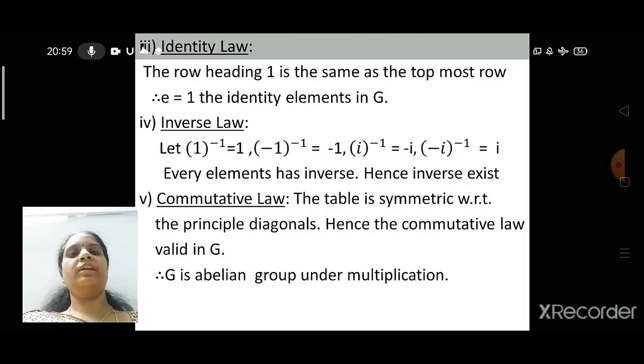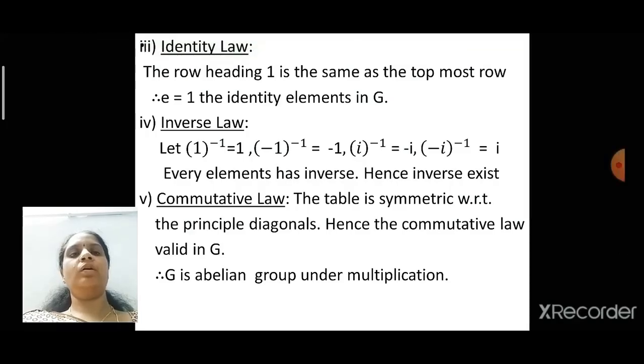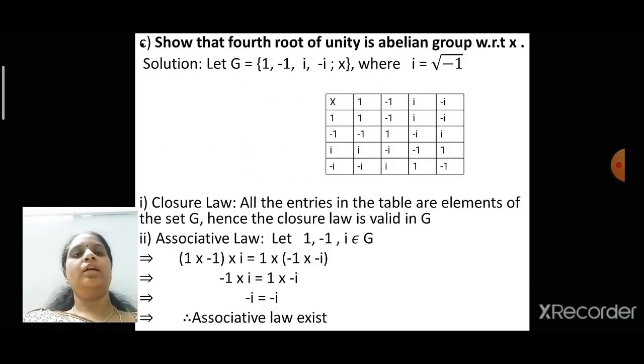Next, to verify the inverse law, again taking the help of the identity law, the identity element is 1. So in the table, if you are observing, we got 1 in the second row with the multiplication of 1 and 1.